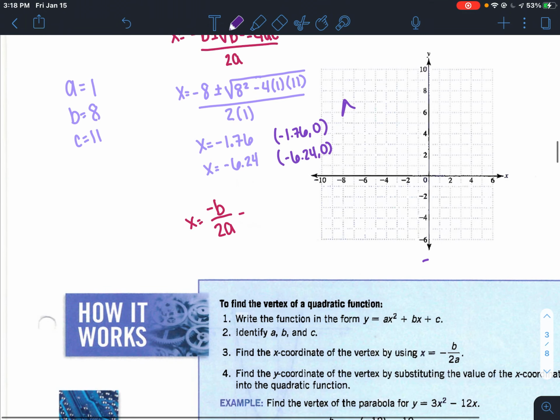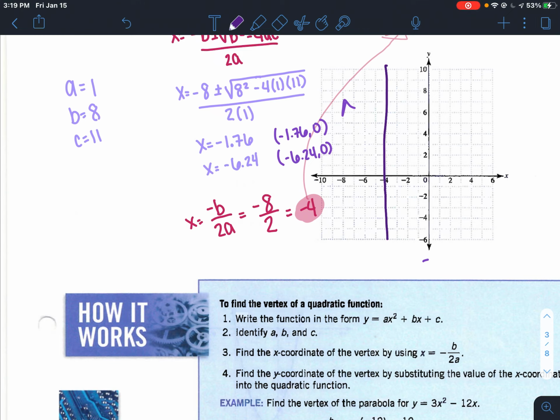So my vertex is negative B over 2A. So I'm using that same A value, same B value, just plugging it into this much simpler formula. And I get my x-value to be negative 4. But remember, my vertex is a coordinate, not just x equals negative 4, because x equals negative 4 is actually this whole line, and that whole line is not my vertex.